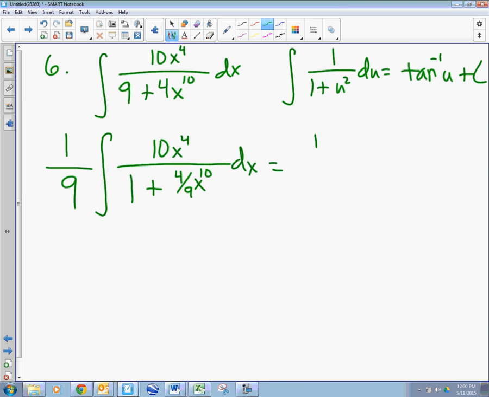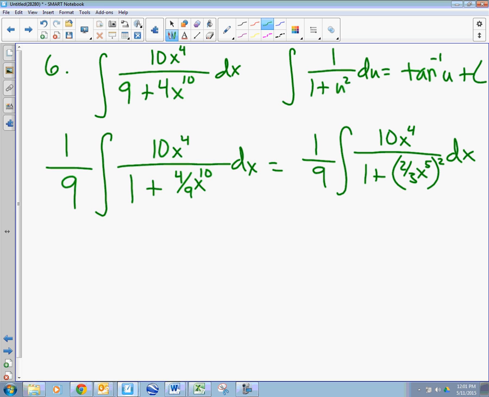So I'm going to write this as follows. 1 over 9 times the integral of 10x to the 4th over 1 plus 2/3 x to the 5th, that quantity squared dx. Because when you multiply bases, you add the exponents.